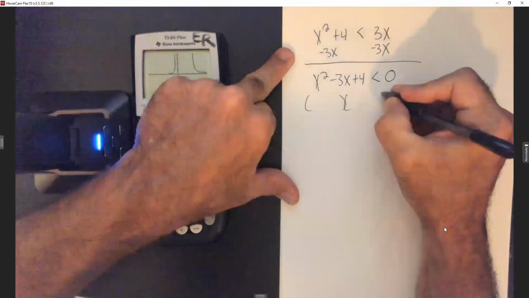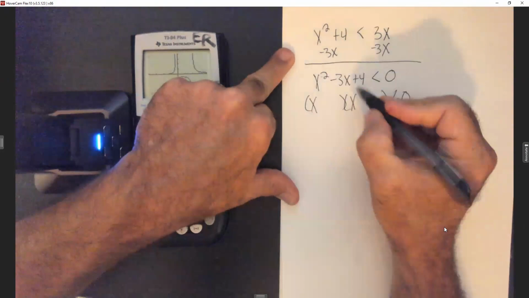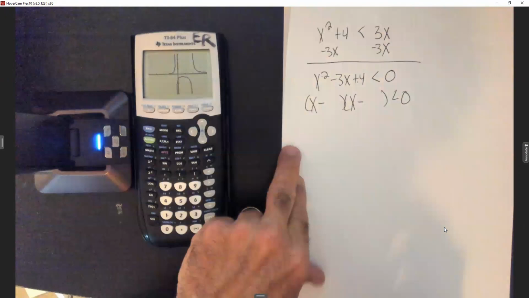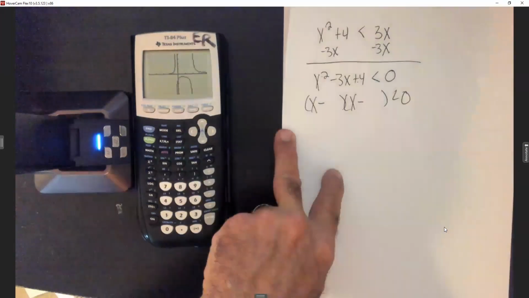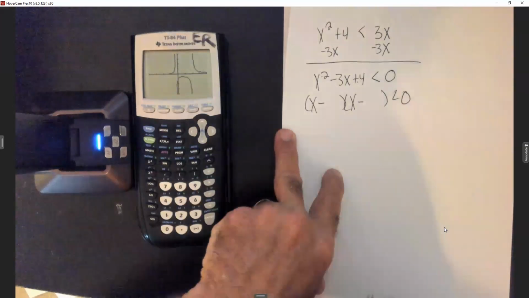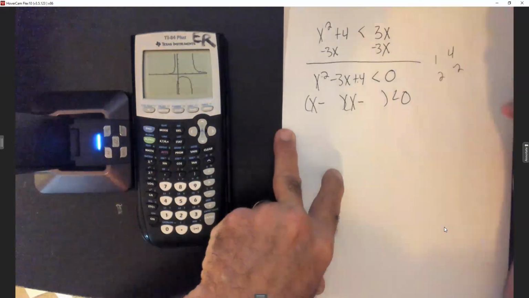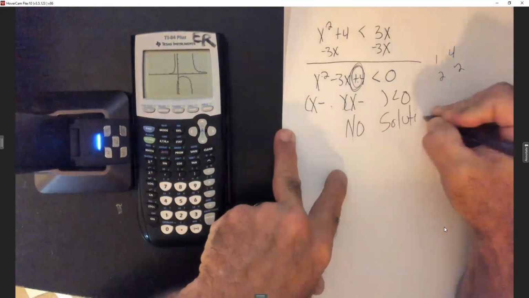Now this one I can factor. I got an x and an x. Last number's positive, so they'll both be negative like the middle. Factors of 4 that add to get 3. Oh. There are no factors of 4 that add to get 3, so this would have no solution.